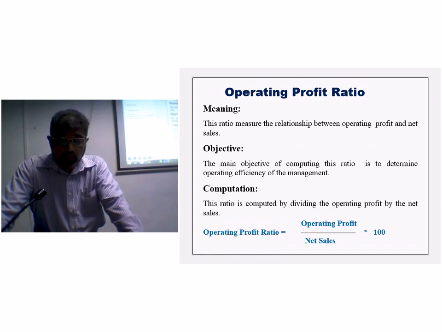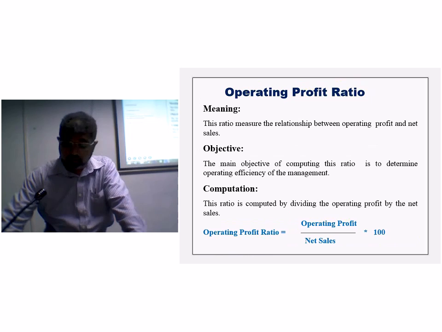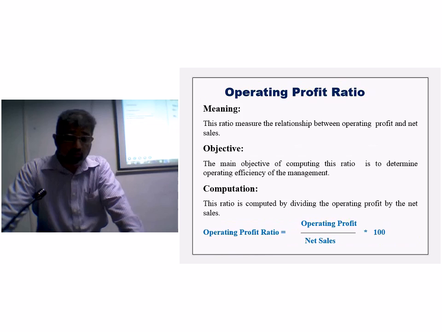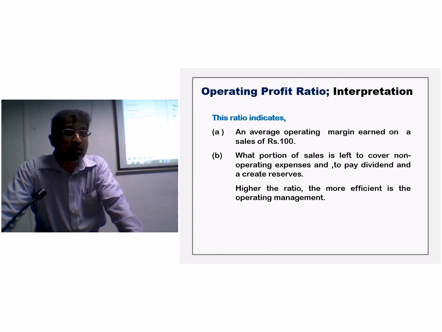You can calculate the operating profit ratio as operating profit over net sales into 100. It is also a simple calculation, but after getting your results, you can interpret it as the average operating margin earned on a sale of 100 rupees.